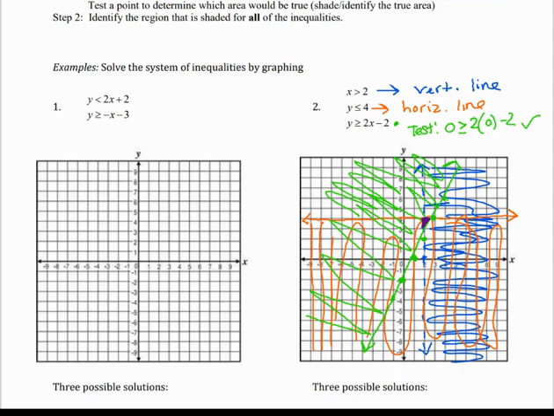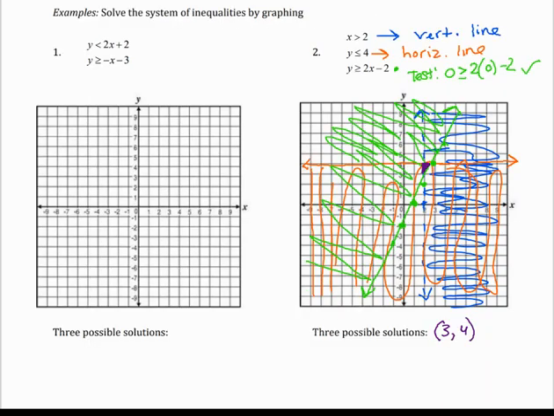One possible solution would be the ordered pair 3, 4, because that is one of the vertices and the green and orange lines are both solid, so that is included. I can't use the ordered pair 2, 3 because that has the blue line on it and blue is dashed, so it's not included.